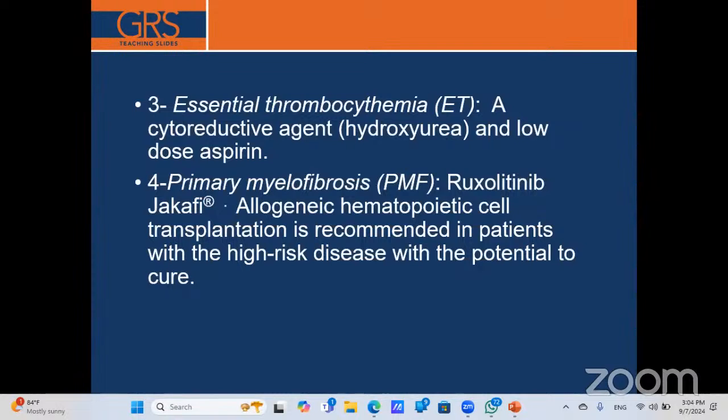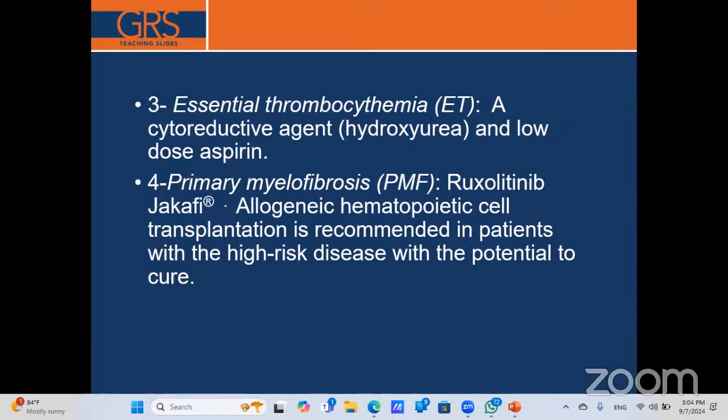Essential thrombocythemia, as Dr. Reem mentioned, is treated using cytoreductive agents like hydroxyurea and low-dose aspirin. And finally, primary myelofibrosis is treated using ruxolitinib, which is sold under the brand name Jakavi, a JAK kinase inhibitor.